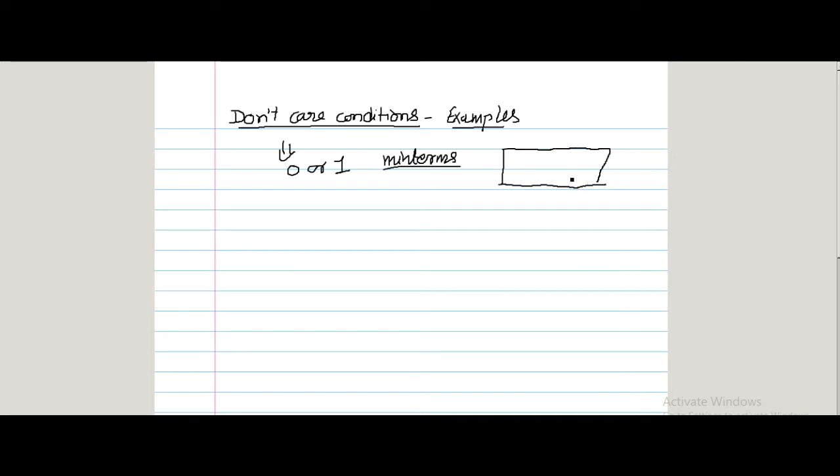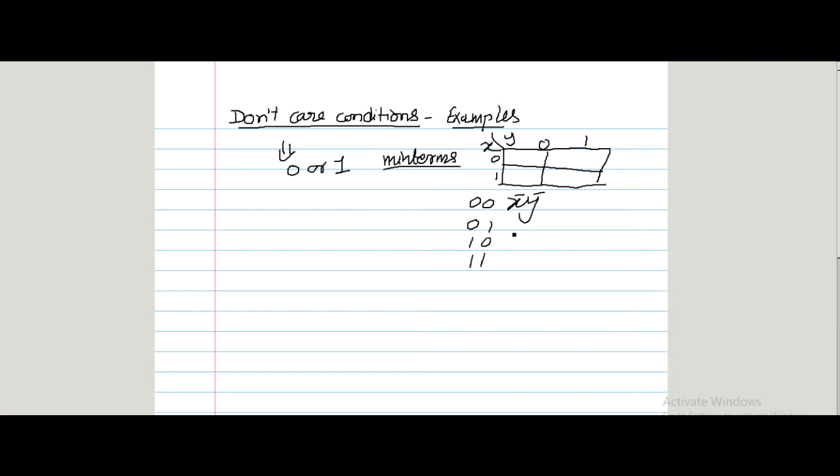Like I have a two variable Karnaugh map, in which we have these minterms, 0 1 0 1. The first minterm is x0 y0, means 0 0, then 0 1, 1 0 and 1 1.